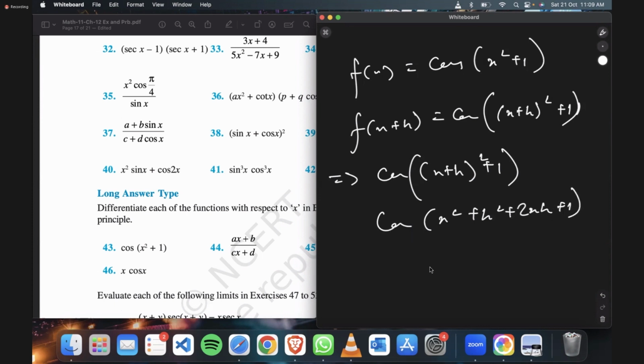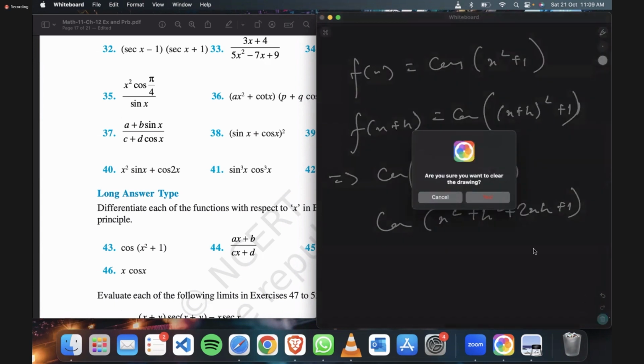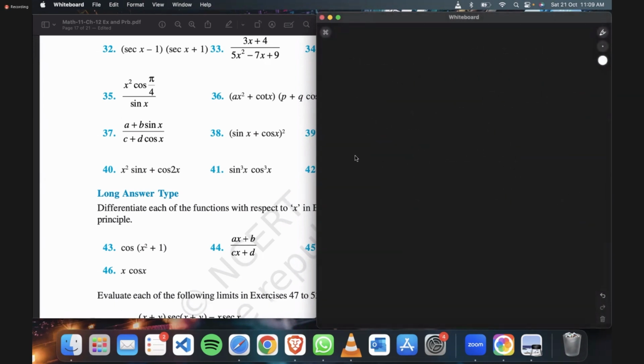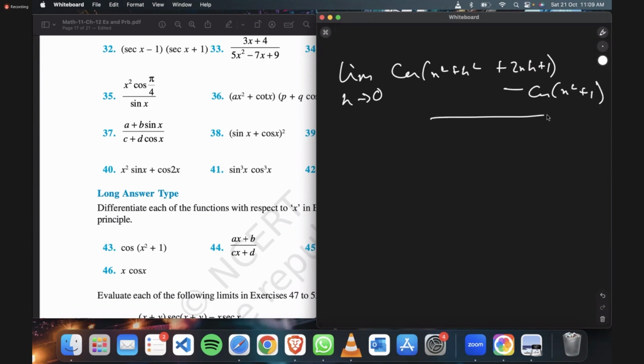This is the f(x plus h) part. Now I'll be just having to put the values in, and that will be a limit question then. Okay, so limit h tends to 0. f(x plus h) is what? Cos(x square plus h square plus 2xh plus 1) minus cos(x square plus 1), whole divided by h.